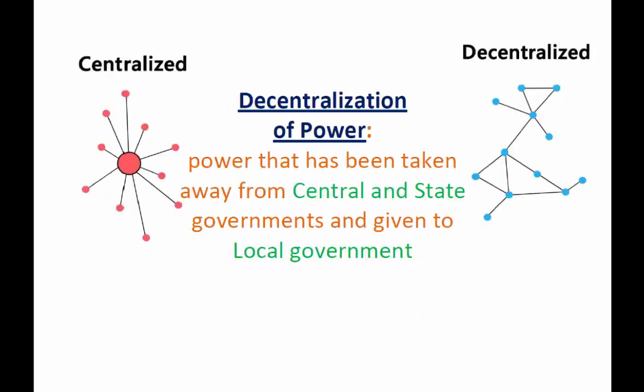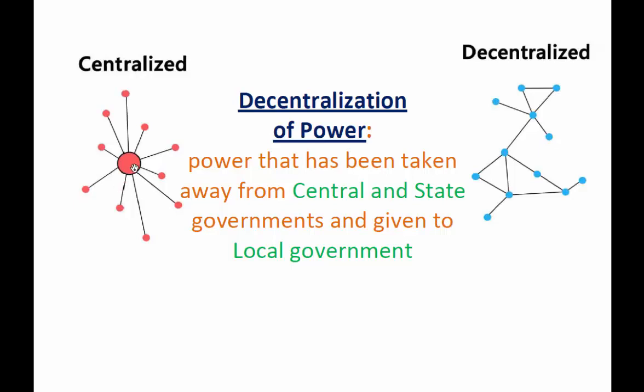Now, decentralization of power. Decentralization of power means power that has been taken away from central and state governments and given to the local government. From the diagram or the picture itself, you can see how the centralized form of power has been vested.